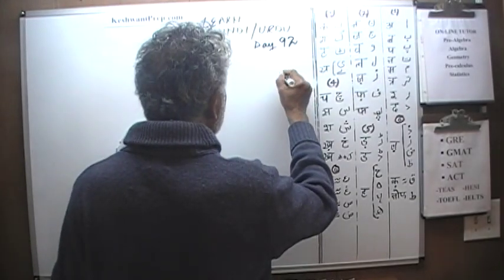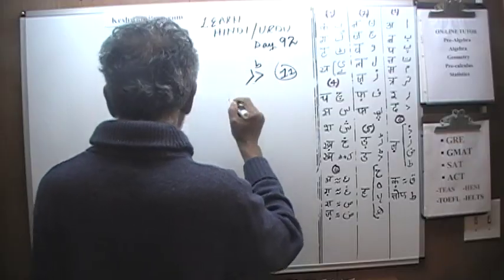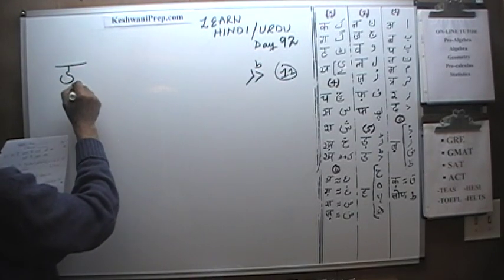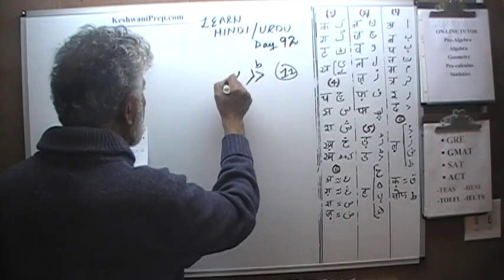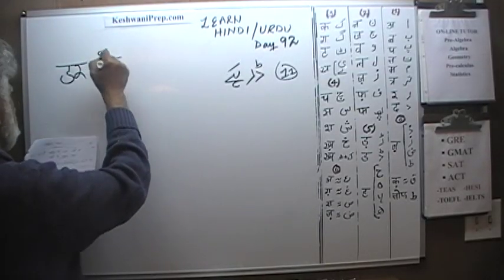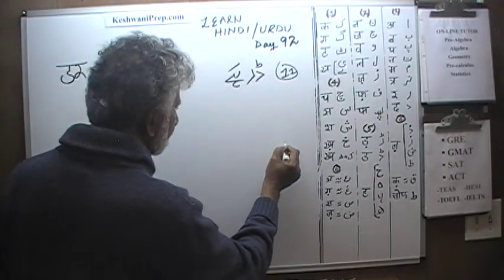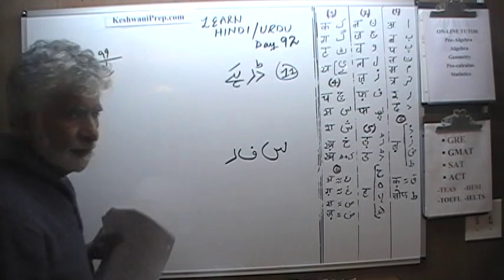The first word is dar, d and a ro, dar. Dar hai, suffer mein. Suffer, we need fe and a re.